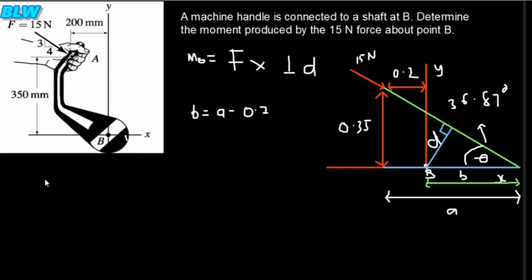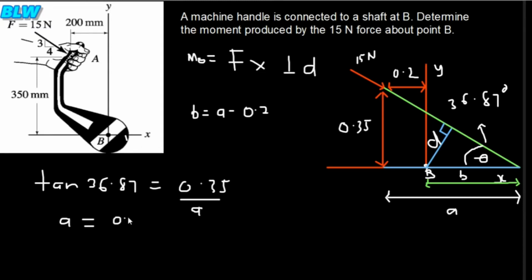So you can use tan. The tan of the angle 36.87 equals the opposite, which is 0.35, over the adjacent, which is A. And you want this A here, so A will be equal to 0.35 over the tan of 36.87.